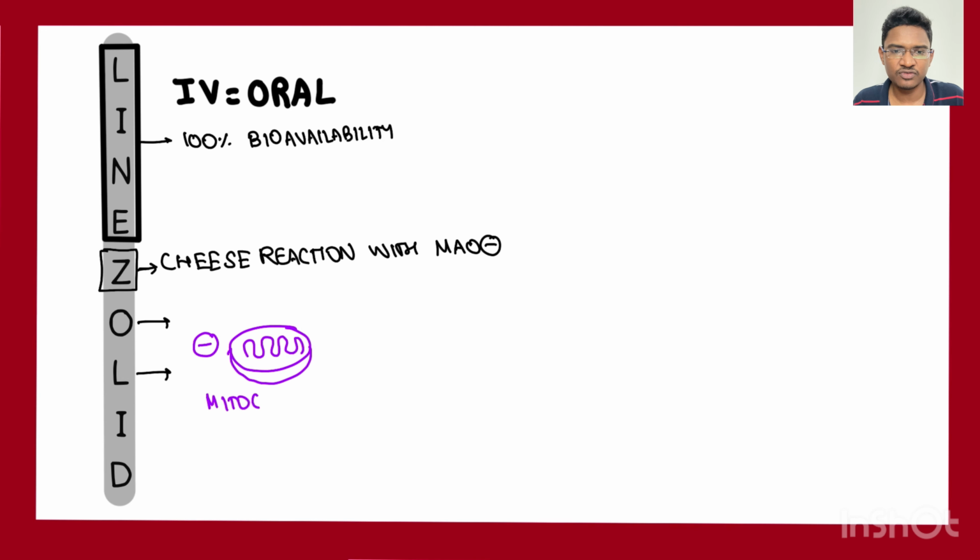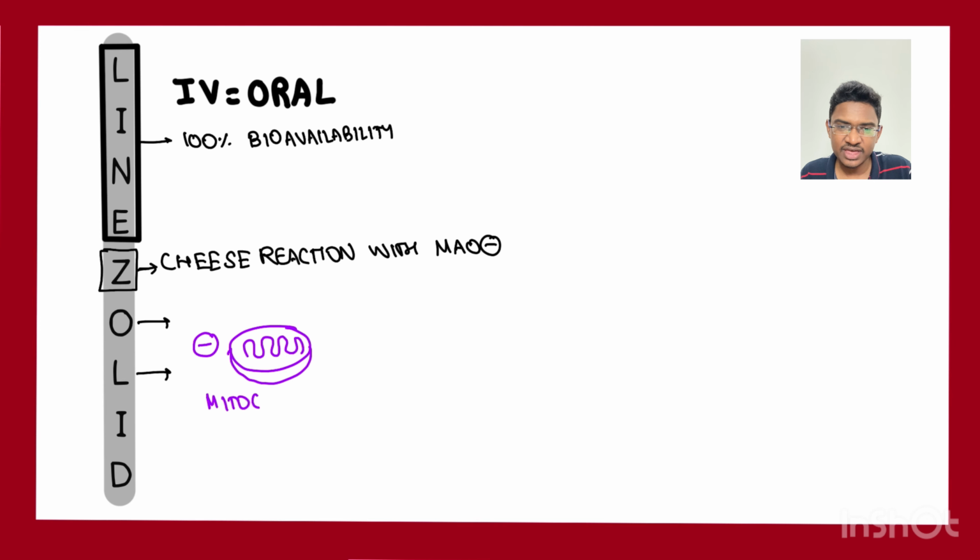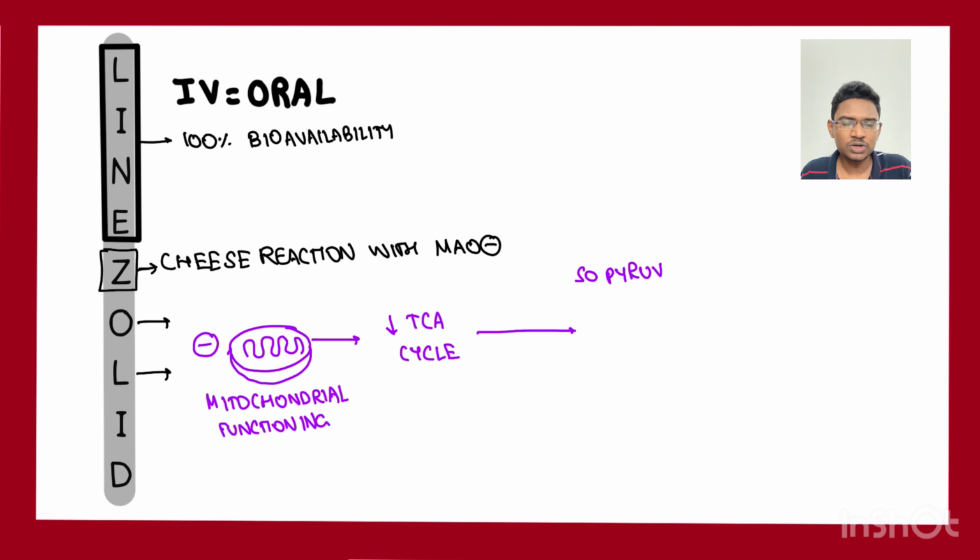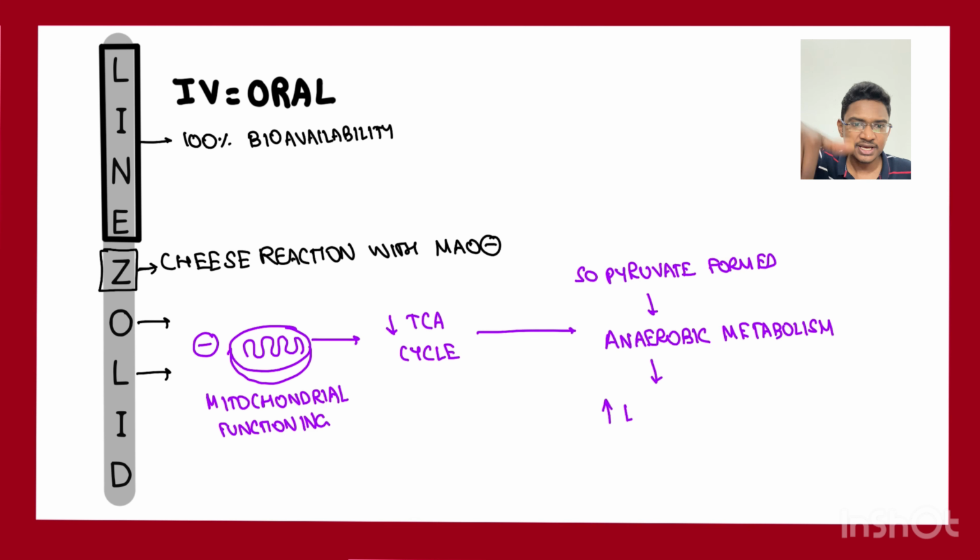If you give it with monoamine oxidase inhibitors, it will cause a cheese reaction. Next, you should know it inhibits mitochondrial functioning. In mitochondria, the TCA cycle functions. If the mitochondrion is inhibited, the TCA cycle won't function adequately. So whatever pyruvate is entering the TCA cycle won't be processed forward.